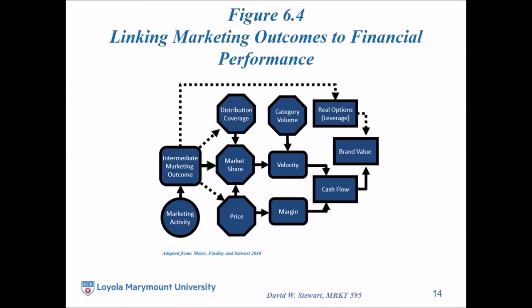Some of them are temporary: a price promotion, a coupon, a rebate. Those are all reductions in price. The question then becomes, if I take a reduction in price, what's it going to do to my margin and ultimately my cash flow?